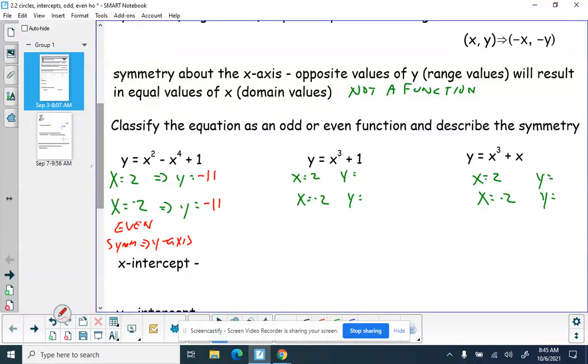Once again, you really have to watch your negatives here. Okay, we're taking exponents. Taking exponents, we have negatives. Okay, x equals 2, x equals -2. Q, what do you get? X equals 2, what's y equal? 9. X equals -2, what do you get? -7. So, odd or even? Neither.